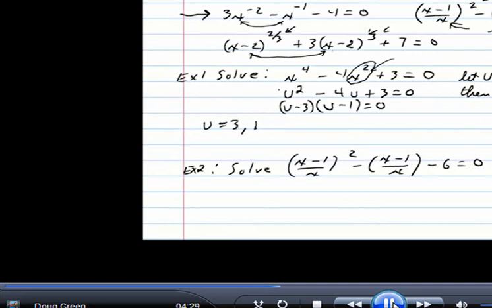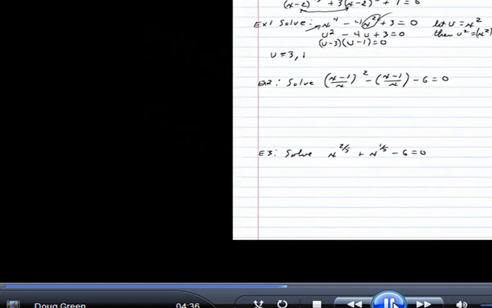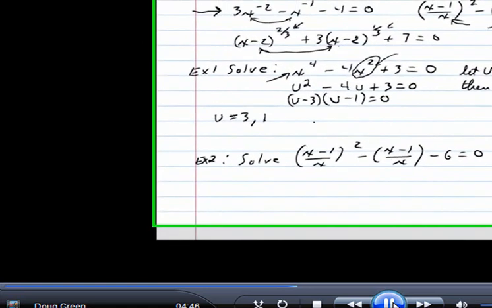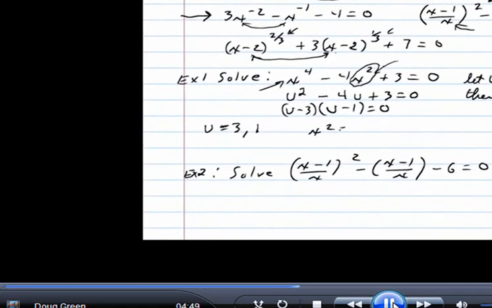But before I box that and say that that's the answer, let me point something out. There weren't any u's in the problem we were asked to solve. We made up the u. So if I give 3 and 1 as the answer, I'm not answering the original question. My answer has to be something in x. Well, if u equals 3, and if u is equal to x squared, that tells me x squared is equal to 3.